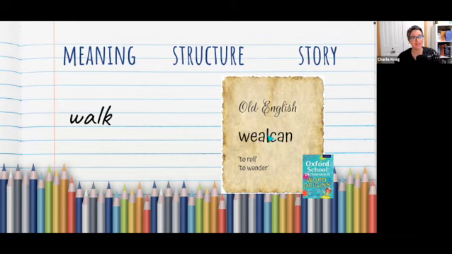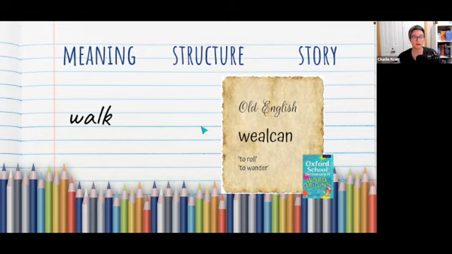So in fact, the L in walk and, spoiler alert, the L in talk are markers. They are little flags for us to understand where it came from. And in this particular case, they both came out of Old English.